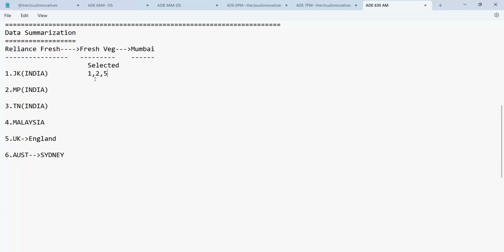Am I right? That means we have not selected the rest of the vegetables. Am I right or not? So what is the selection process called? Selection of vegetables, guys. Okay.